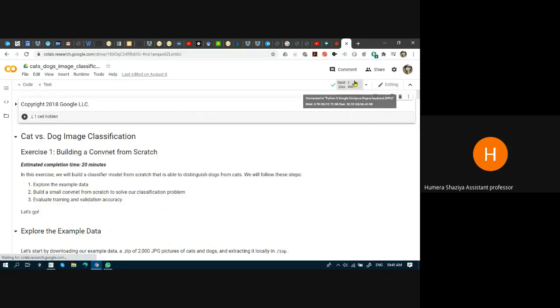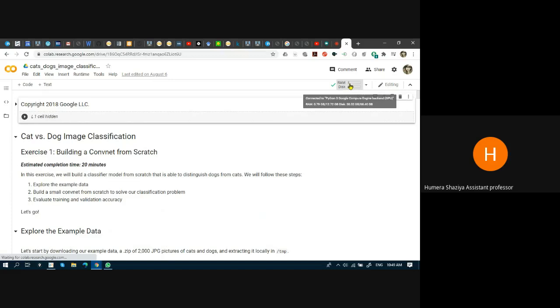Okay. If I hover the mouse over, I am shown connected to Python 3 Google Compute Engine backend GPU, RAM 0.79 GB of 12 GB. Actually, allocated RAM is 12 GB. For me, it is free.